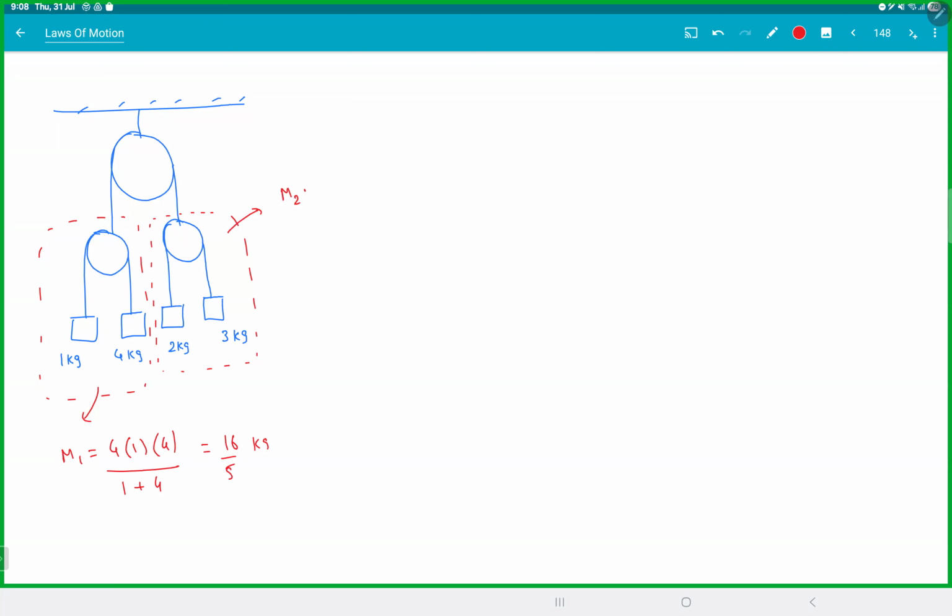This let's call M2, which is 4 into 2 into 3 by 2 plus 3, that is 24 by 5 kg. Numbers are not great. So this whole thing becomes your Atwood machine again, 2 blocks where this mass is 24 by 5 kg and this is 16 by 5 kg.